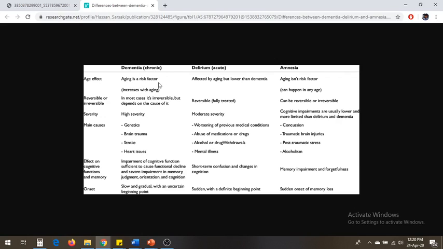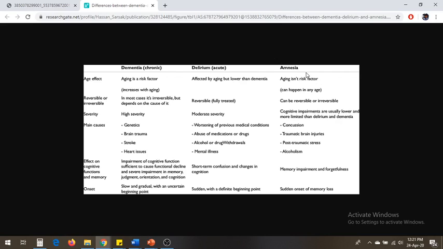That's a chronic thing. It increases with age. It causes impairment of cognitive function sufficient to cause functional decline and severe impairment in memory, judgment, orientation, and cognition. Onset is slow and gradual with an uncertain beginning point. Right? Severity is very high. In most cases, it's irreversible.